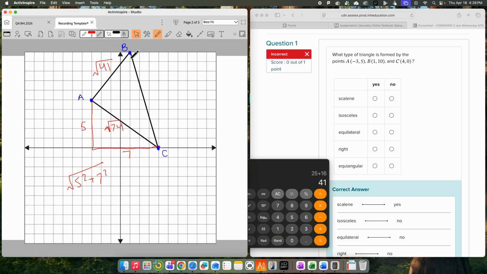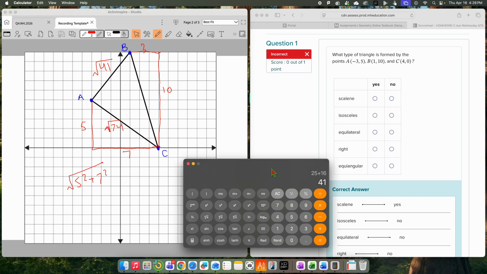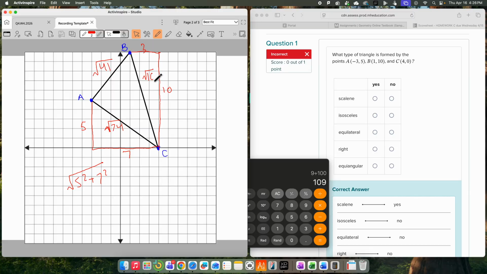And now I need to check the length from B to C. I'm going to draw this one, 1, 2, 3 units. This way is 1, 2, 3, 4, 5, 6, 7, 8, 9, 10 units. 3 squared plus 10 squared, that is 9 plus 100, which you could probably do mentally, but 9 plus 100 equals 109, so this side of the triangle is the square root of 109.